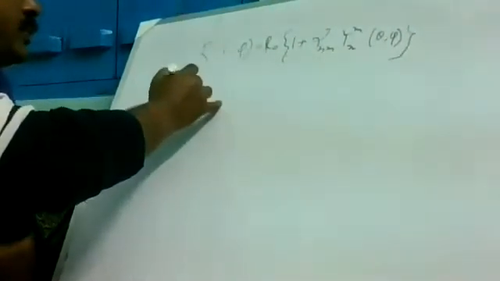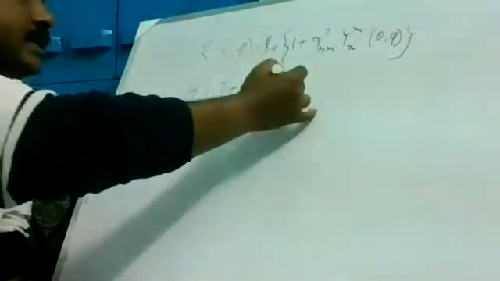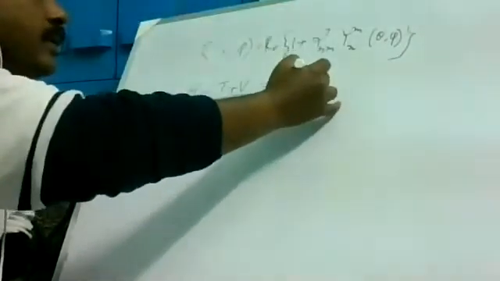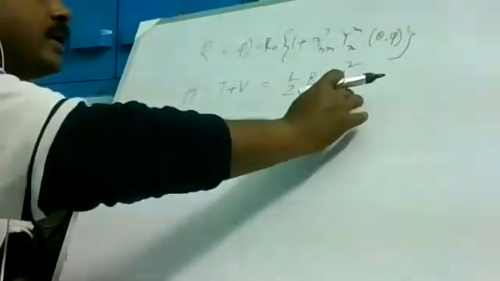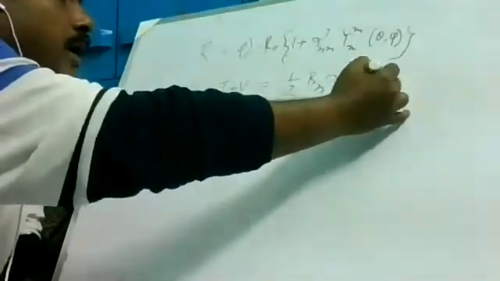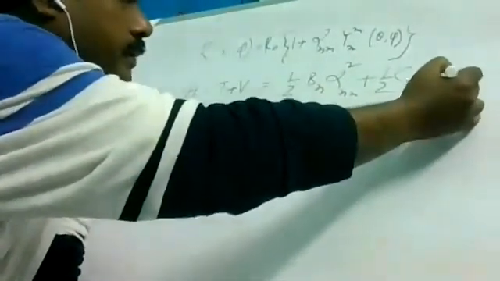We know this expression, where alpha_nm is the deformation parameter and Y_nm is the spherical harmonic. Then the Hamiltonian H will be equal to T plus V. T equals the kinetic energy, which is related to half B_n alpha_nm dot square, plus half C_n for the nth mode, alpha_nm square. Dot means derivative with respect to time.